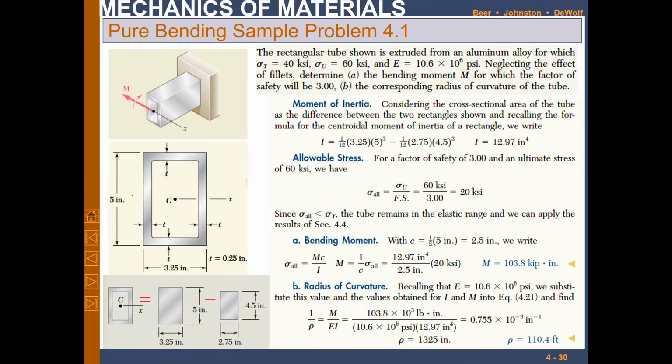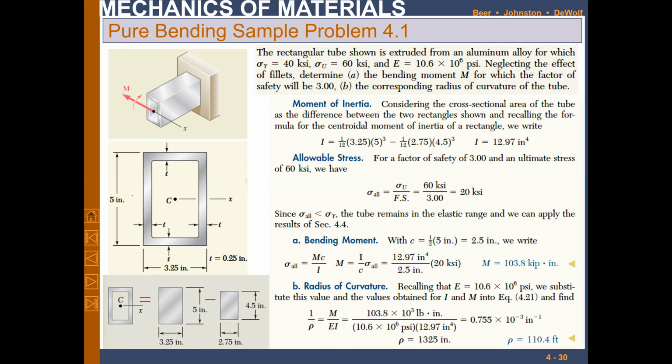Neglecting the effect of the fillets, determine the bending moment M for which the factor of safety will be 3.00, and the corresponding radius of curvature for the tube. We want to calculate rho, not 1 over rho, but we have the expression for 1 over rho, so we will take the inverse of that.